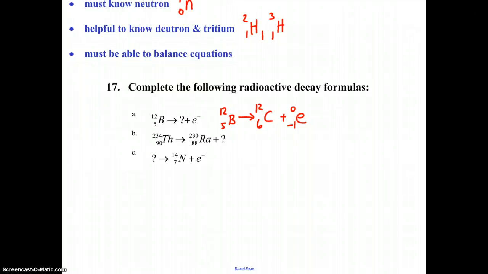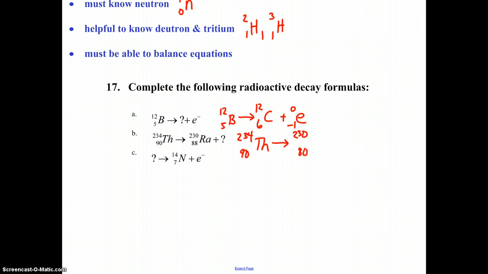In B, we have what I believe is thorium 234 decaying into radium 230, and what they're asking in this question is, what is the natural decay particle given off from doing that? So let's start by rewriting here. Thorium 234, 90, decays to radium 230 and 88.